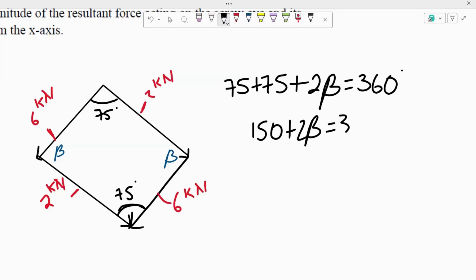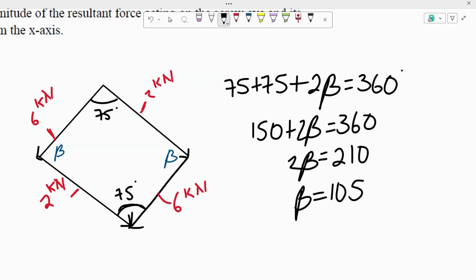That means 2 beta has to equal 210. And 210 divided by 2 equals 105. That means beta equals 105 degrees. It means these angles right here are 105 degrees.